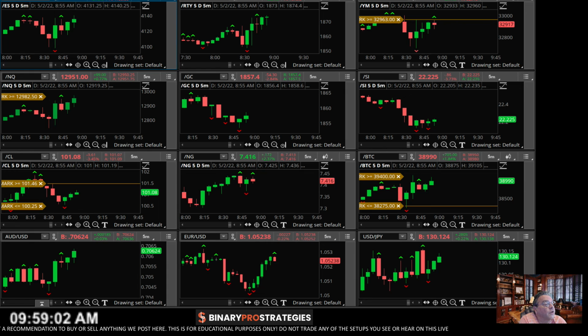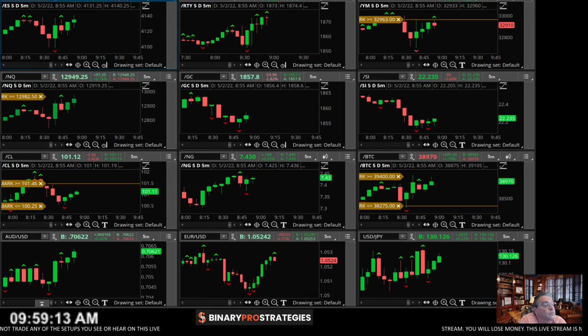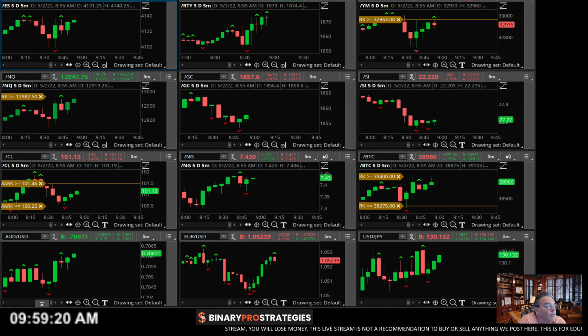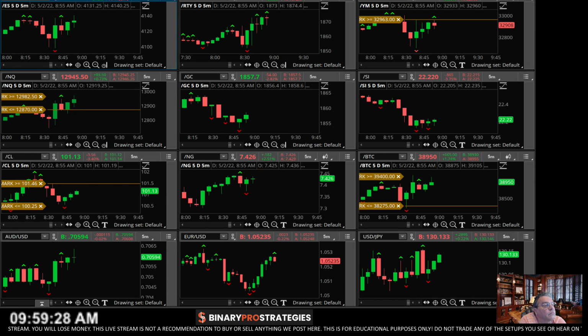And if NQ doesn't hit target first, it's going to reverse at 128.70. And YM, if it doesn't hit target, 329.63. Reversal is going to be 328.13.